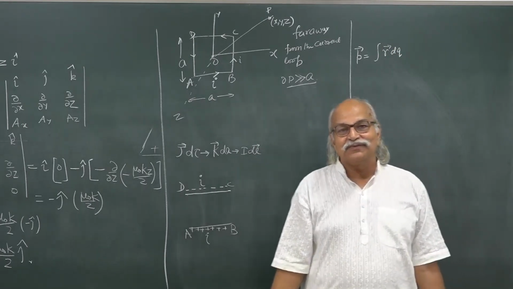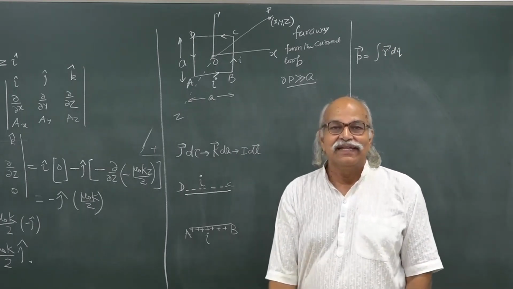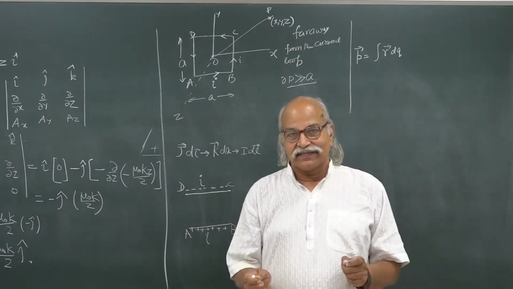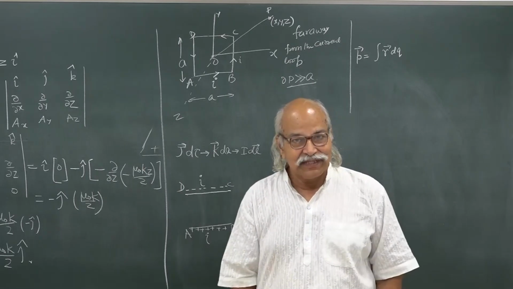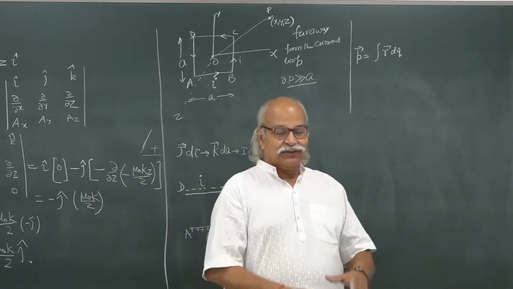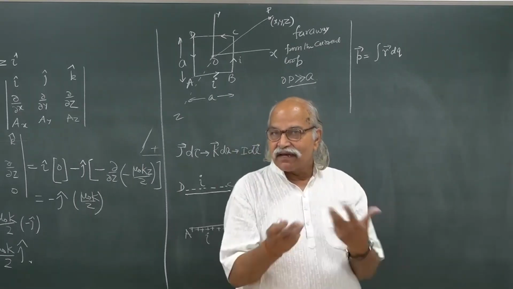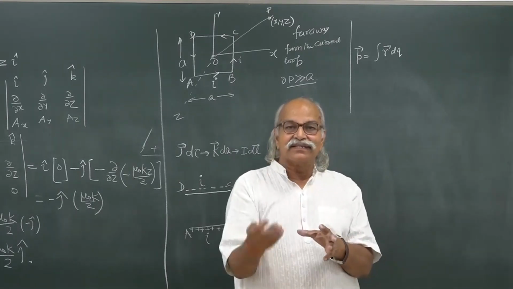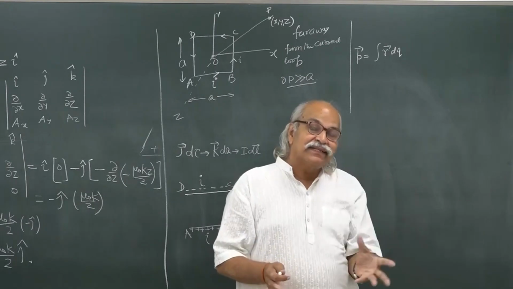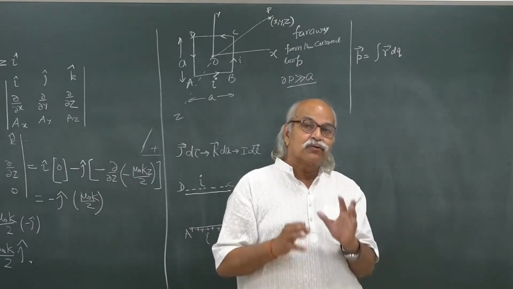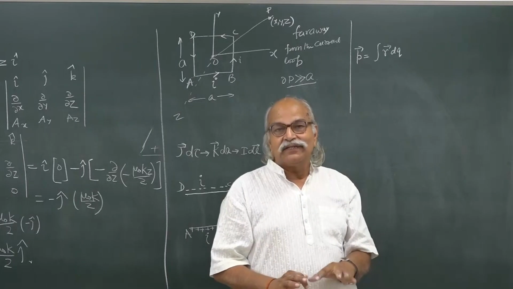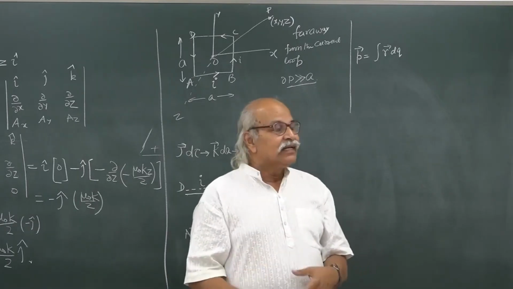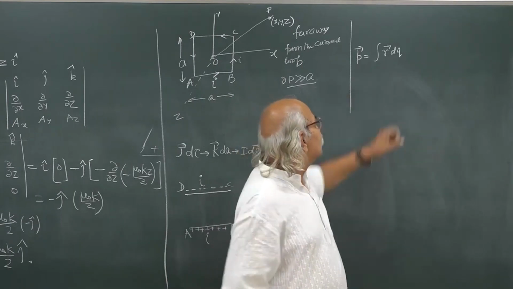In high schools, we normally define electric dipole as a combination of two charges, nothing wrong in that. But then you may have a bigger charge distribution. At some places the charges are negative, at some other places charges are positive, total charge 0. Then also we can define a dipole moment, and for that we do this.